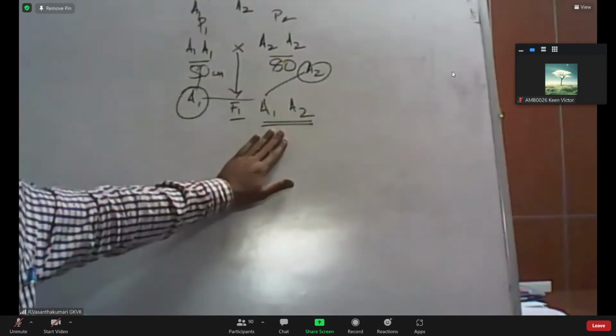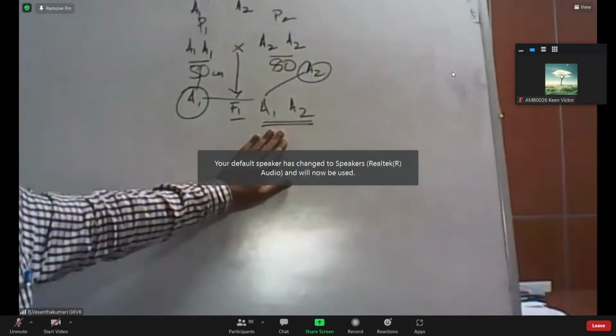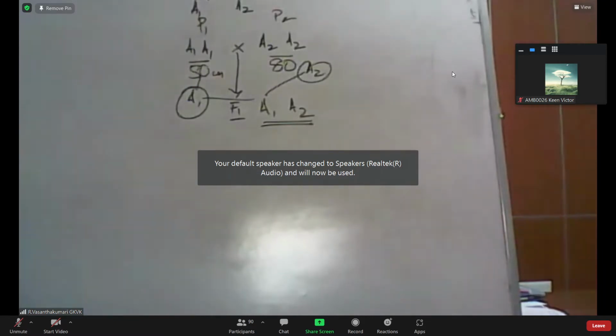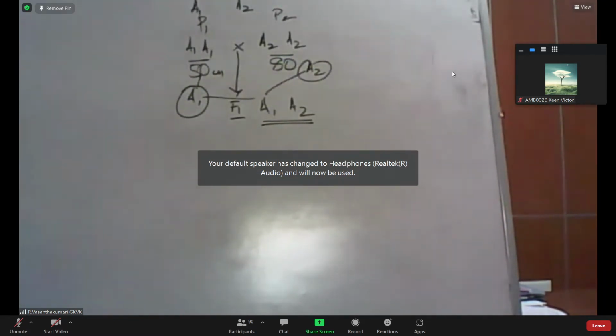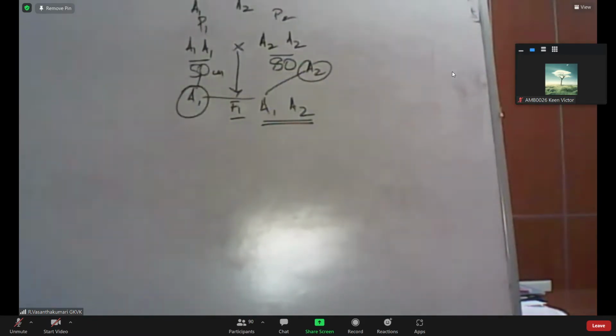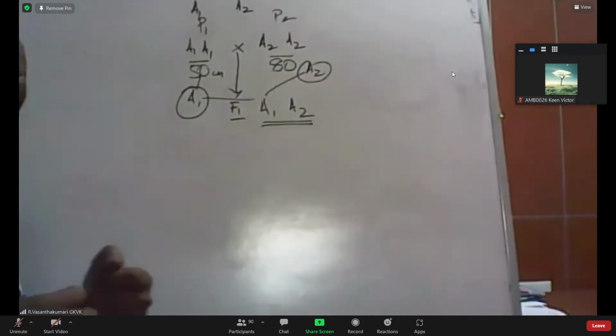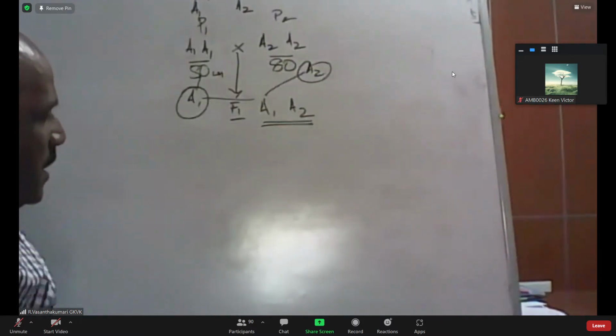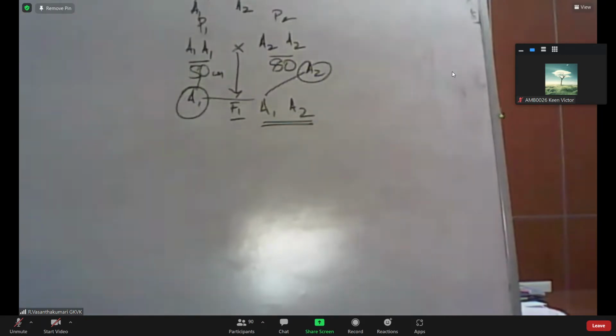Now, imagine that it is not just one plant. I've told you earlier also, there could be a number of F1 plants. You take the average height of all the F1 plants. What is the expectation?